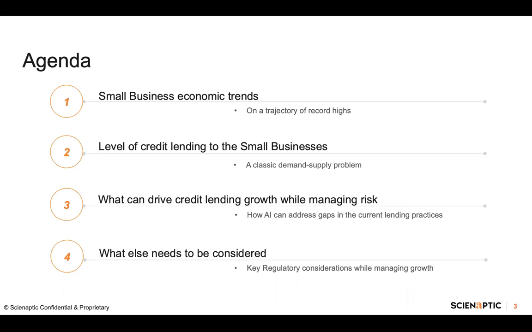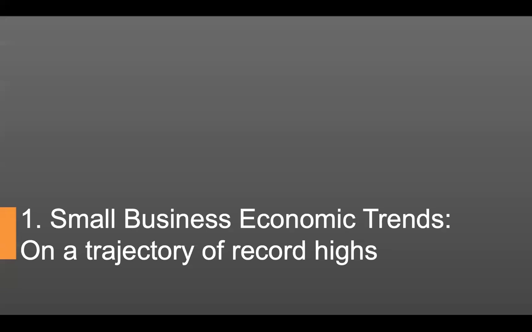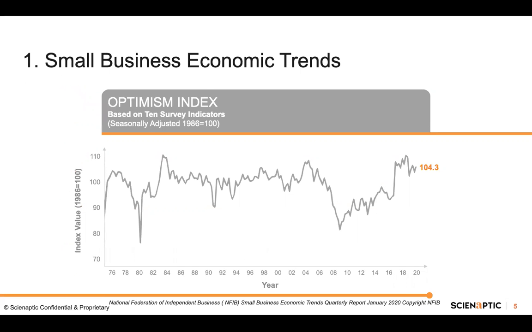Okay, let's deep dive into the small business trends. What you see on the slide is the quarterly report published by the National Federation of Independent Businesses, the largest consortium of small business lenders.